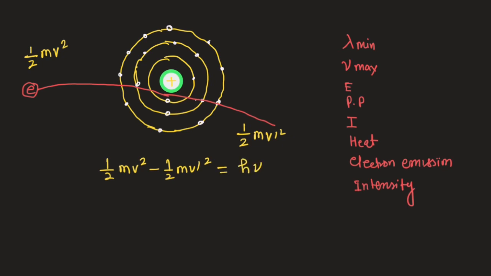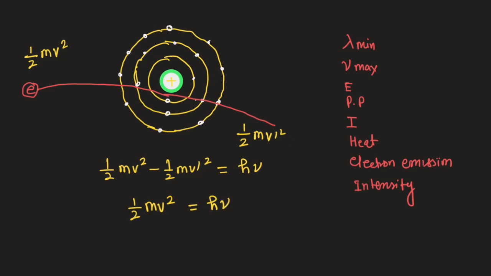And if the complete energy of an electron is absorbed inside this metal, it means the final kinetic energy will be zero. If this kinetic energy is zero, then what can I write? Half mv square is equal to h nu.